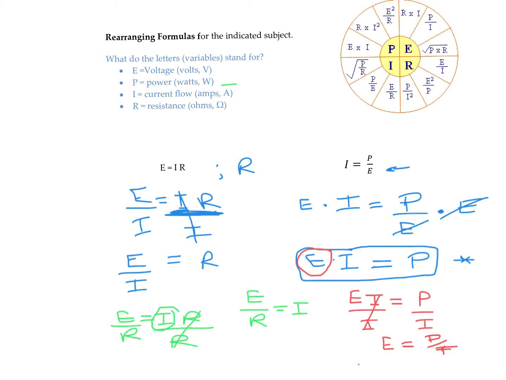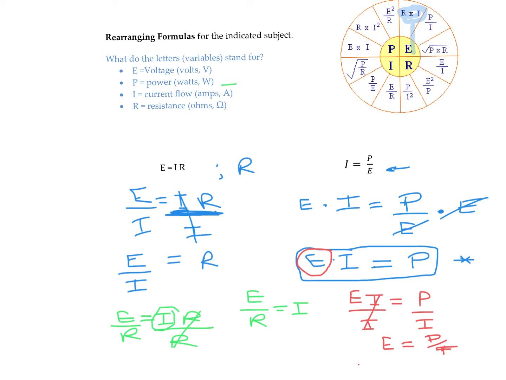P over I. That's messy, and I don't know how to fix it. If you look up here in the power wheel in the top right-hand corner, you will see that a lot of this information can be found up here in what we call the power wheel. If you want to find E, E is equal to I times R. There's one version up there.